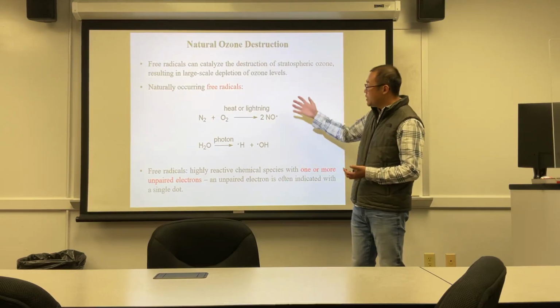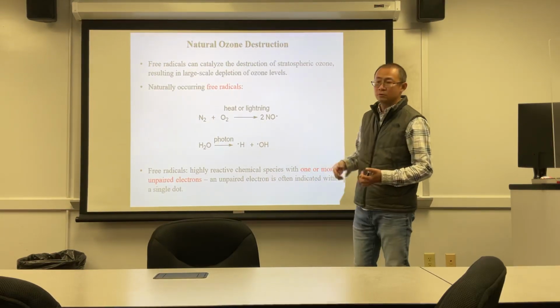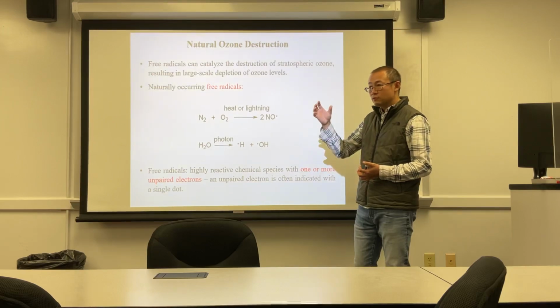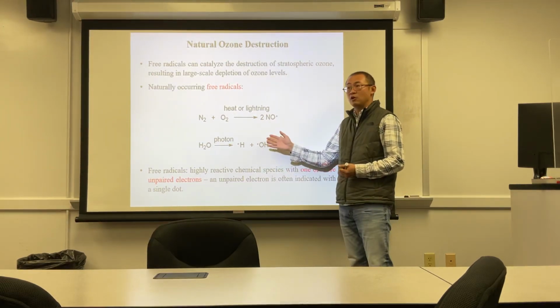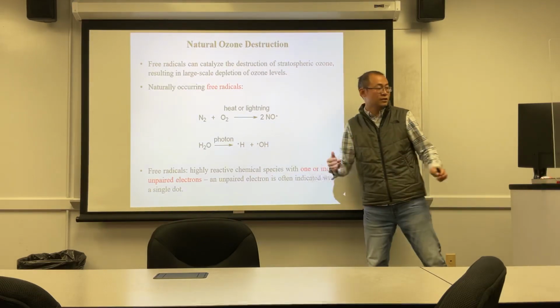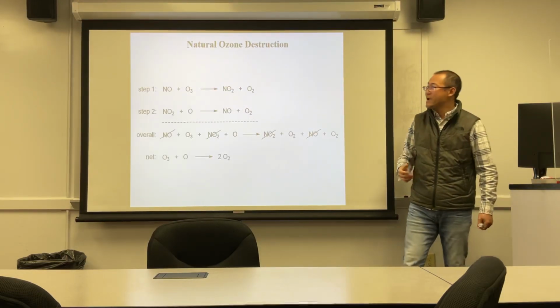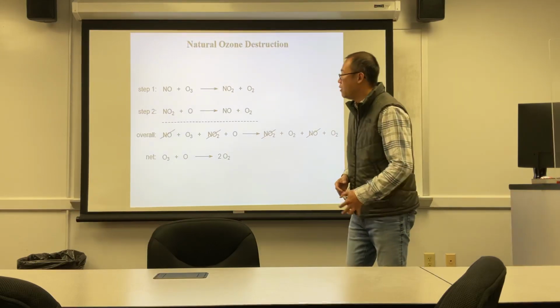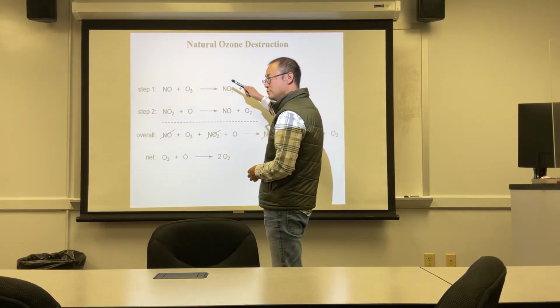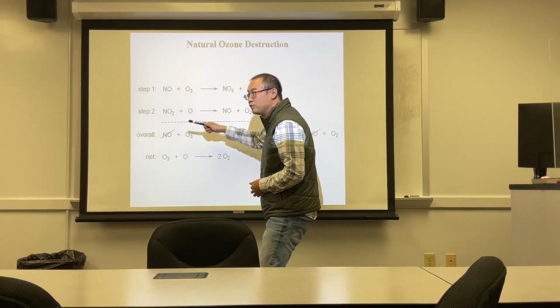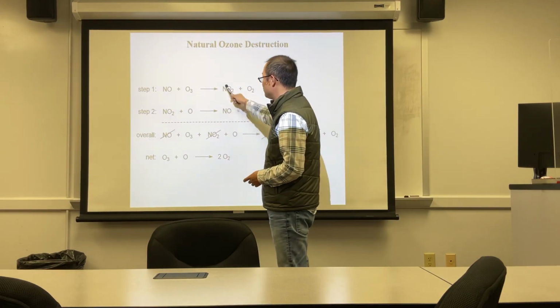Again, we said these free radicals will help deplete ozone. But these are naturally occurring radicals, so we call it natural ozone destruction. And here are the reactions showing you how it happens. It actually gets involved in the reaction. You can see there are two steps.